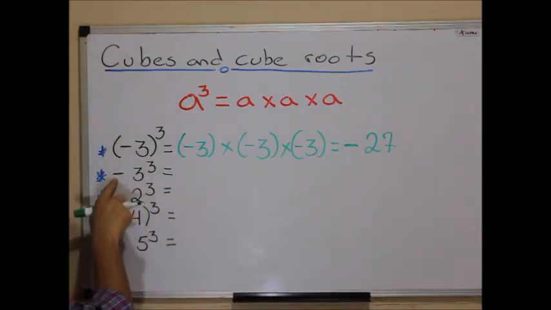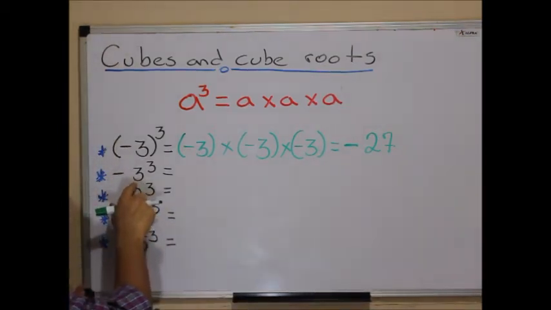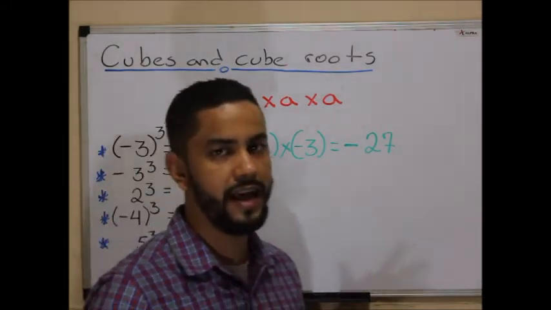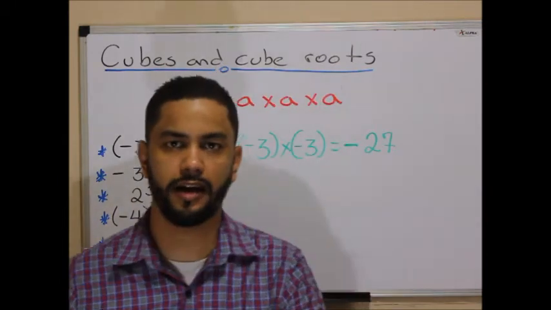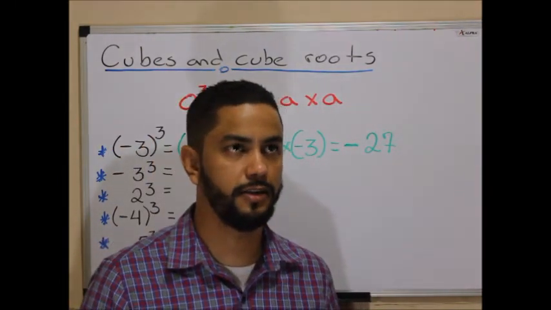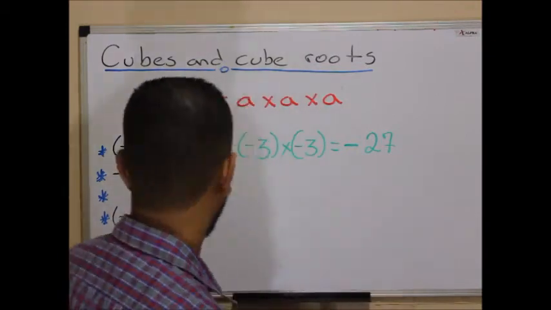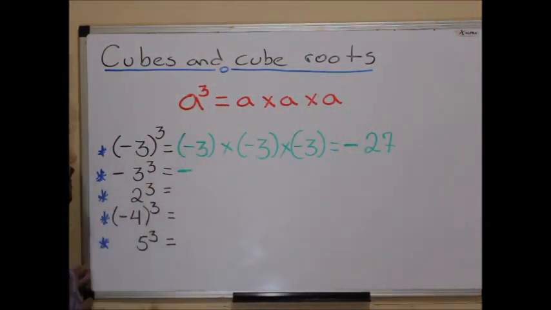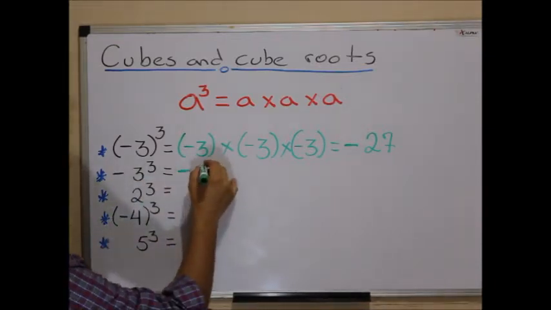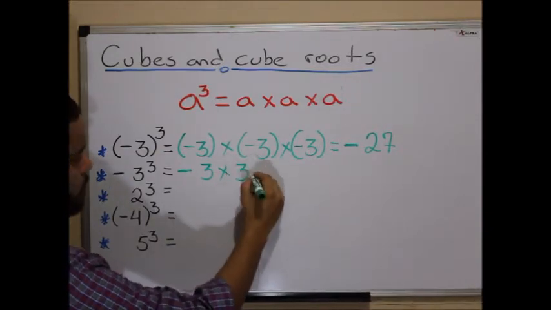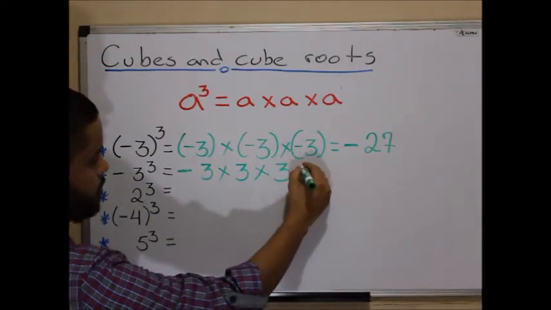We have -3 cubed. So here our negative sign will be outside, as we had with the square topic. This negative is the only negative, and we're going to have just 3 times 3 times 3.